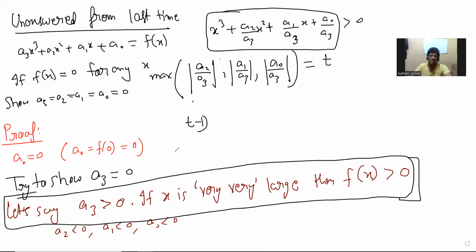Reciprocal of t. Let's try. So if we take 1 by t, let me just put it and then we'll think.